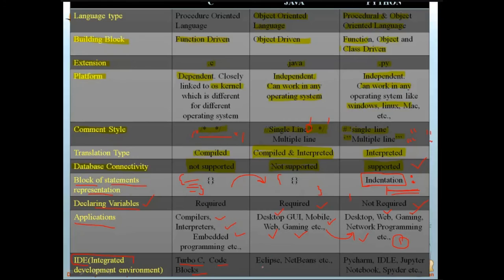Whereas coming to Java, you have something called Eclipse, NetBeans, etc., where you can start coding. Whereas coming to Python, you have many options. The options are Python IDLE, Jupyter Notebook, Spyder, etc. This concept of IDE is discussed in the coming slides in a very detailed manner.